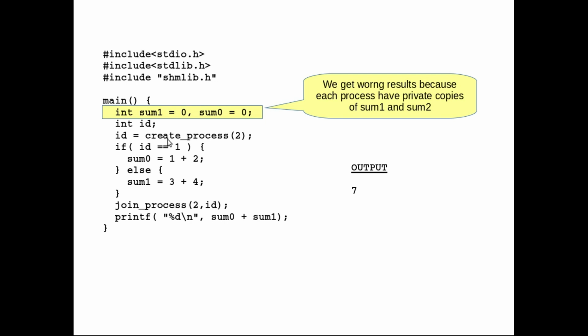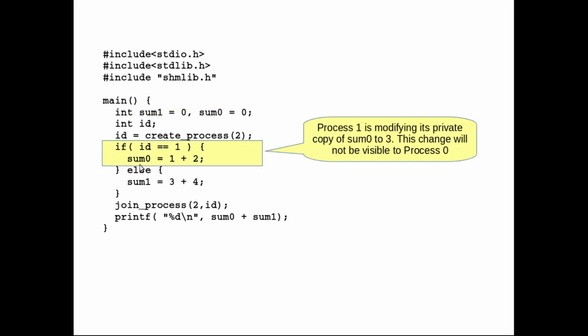So your parent process will have its own copy of sum 0 and sum 1, and the child process will also have its own copy of sum 0 and sum 1. So when the child process calculates the partial sum 1 plus 2, this partial sum 3 will be stored in the sum 0 of the child process, which will not be visible to the parent process.